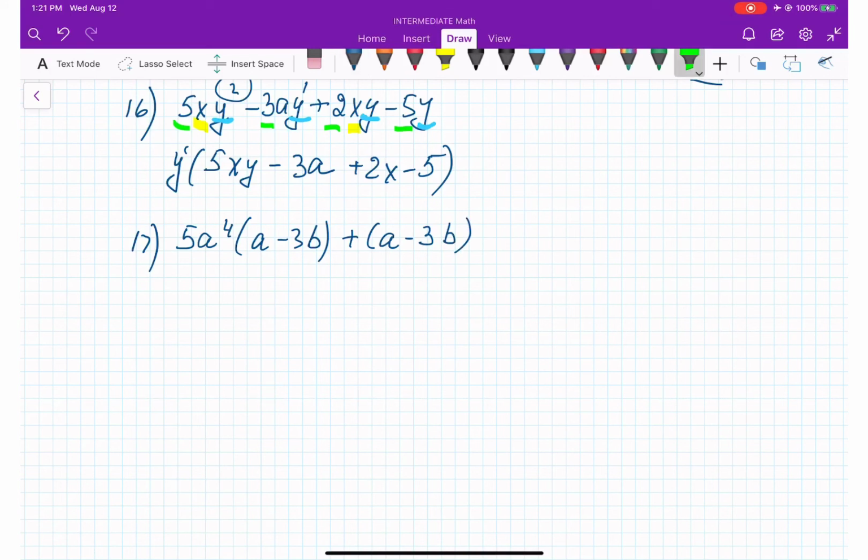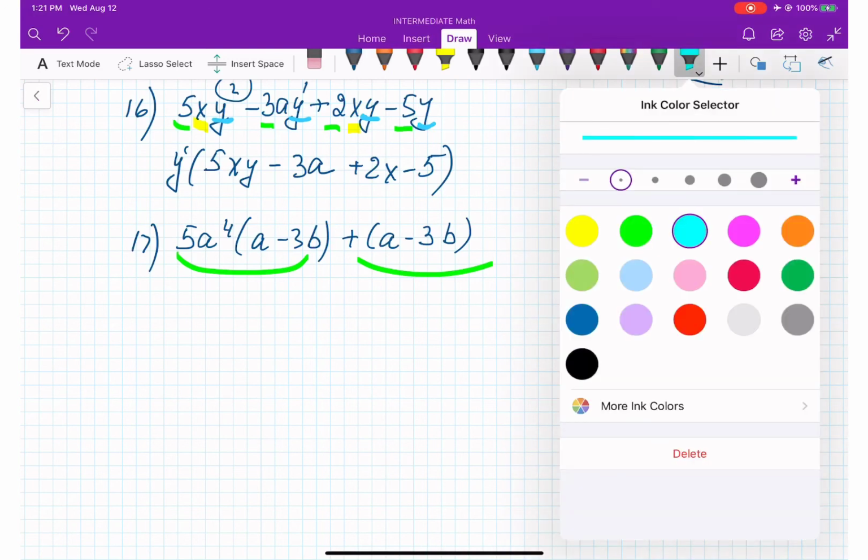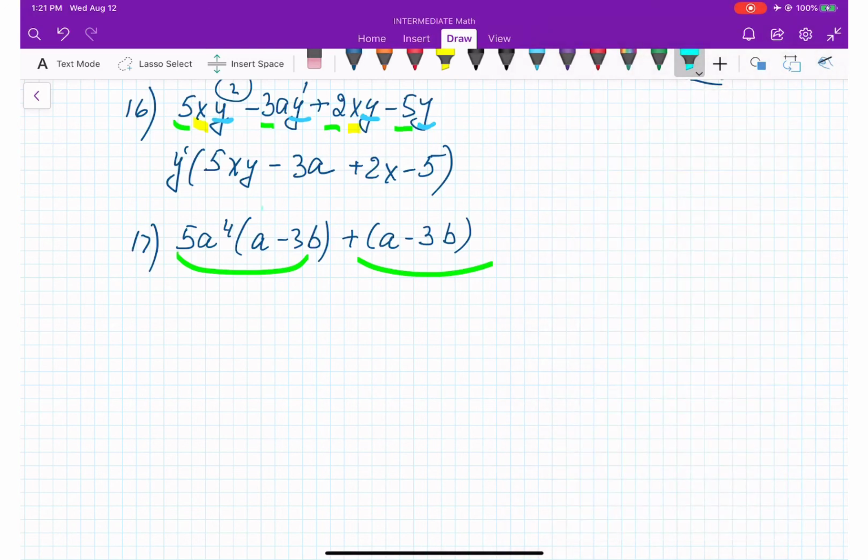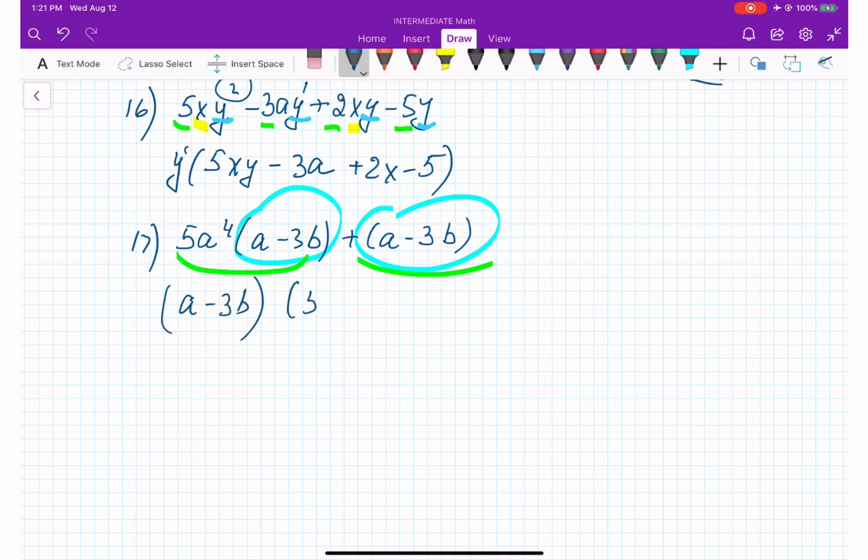Okay, we have two terms. First term, second term. Do they have anything in common? Absolutely. They have in common a minus 3b. So once we take a minus 3b as a common factor, from the first term will be left 5a to 4. From the second one, going to be left only 1 because there is nothing else in there. Okay?